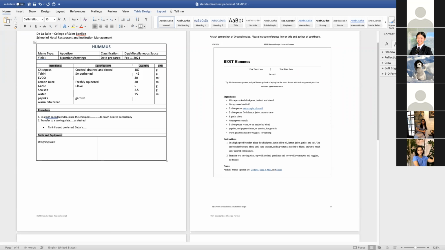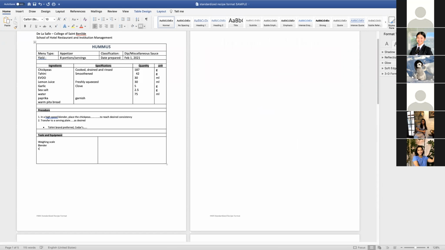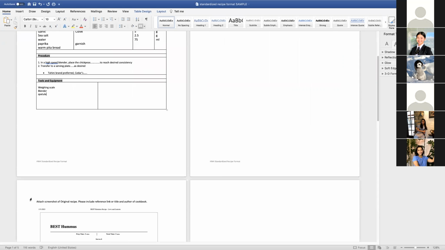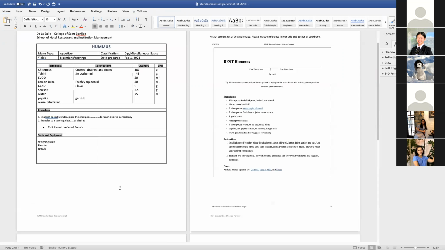In these instructions, it says there a blender, high-speed blender. You could also put spatula, a rubber spatula. Okay, so be creative. I know maybe that some of you don't cook, but use your imagination. If you were going to cook, what do you think you need to use for the recipe?